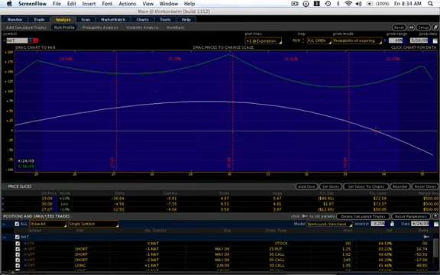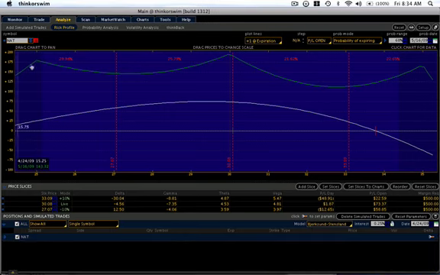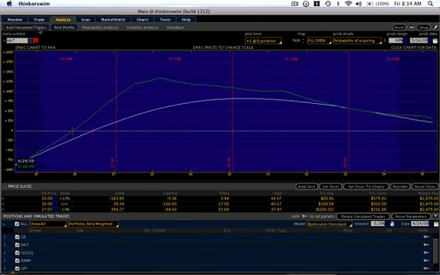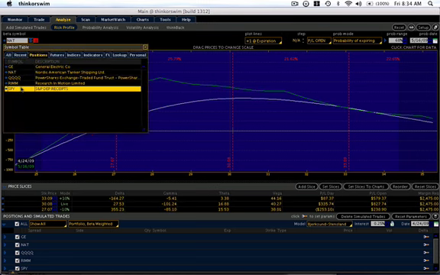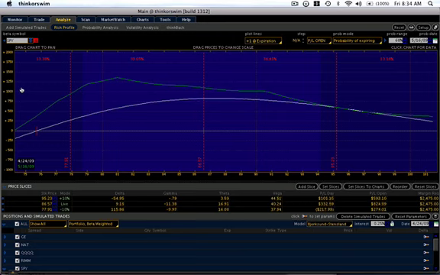Now, the next thing I want to show you is I want to beta weight this portfolio, and I'm going to beta weight it to the S&P 500, or actually the spider. What we're looking at is an entire portfolio of trades now. We have positions on General Electric, on Nordic American Tanker, on the Qs, on RIM, on the spider.